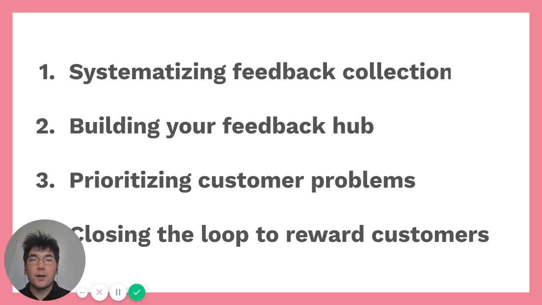The third thing, and that's the analysis part, is when you have an organized feedback hub, how can you use this data to prioritize customer problems and decide what you're going to build. And the last thing, too often forgotten by companies, is making sure that when you collect feedback, you always close the loop with customers to reward them and engage them more and get even more feedback from these customers.